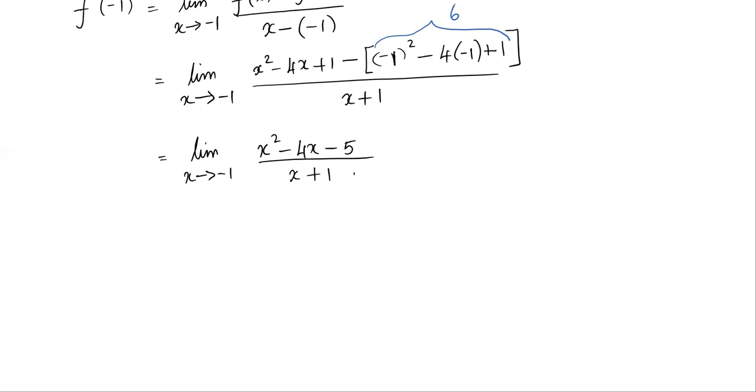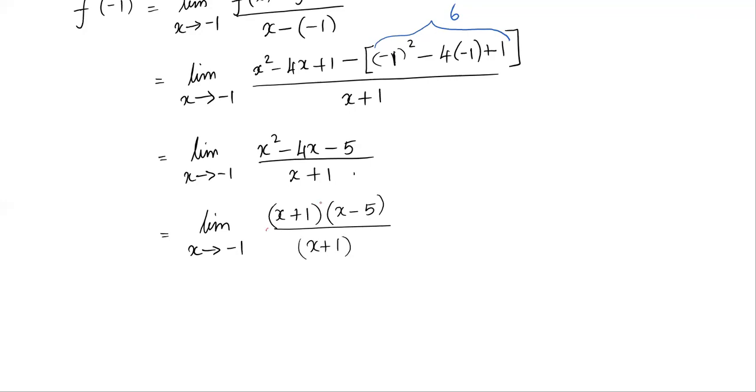All right, so in these cases, you'll have to factorize it, something that you learned in chapter 2. So two numbers whose product is -5 and whose sum is -4. x plus 1, x minus 5, over x plus 1.